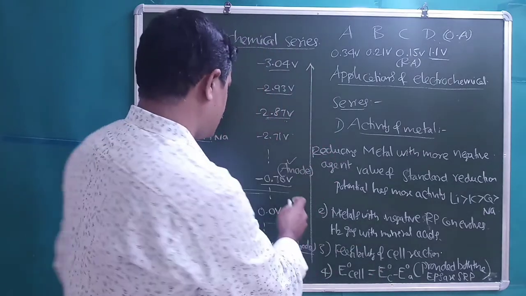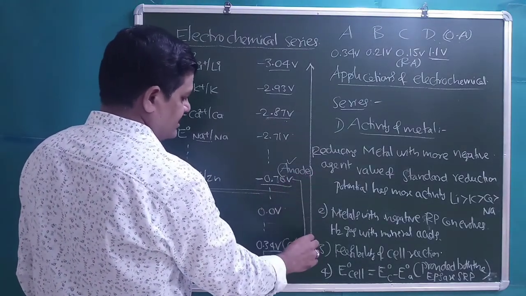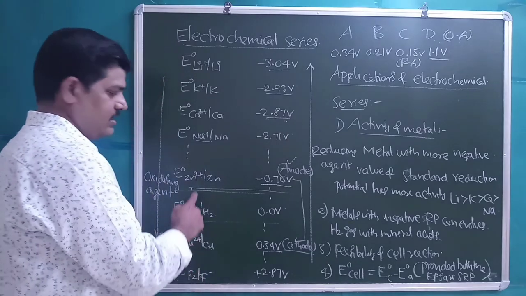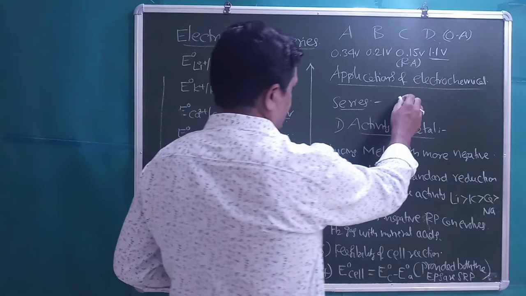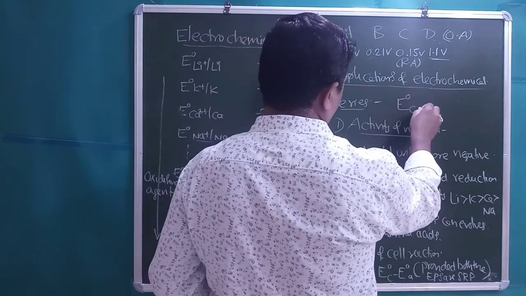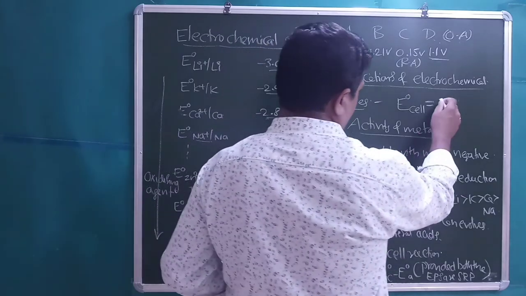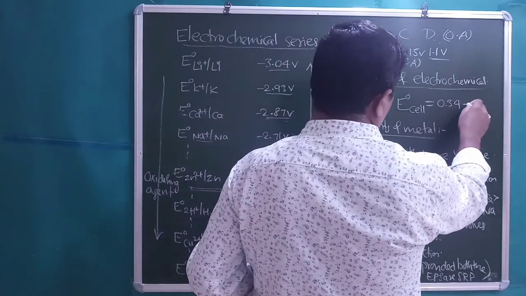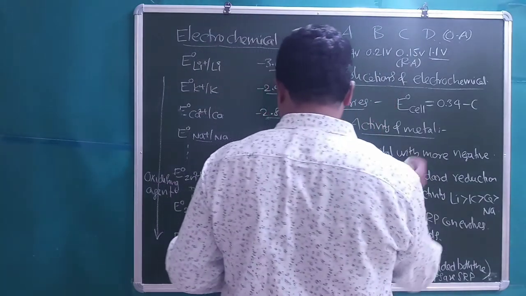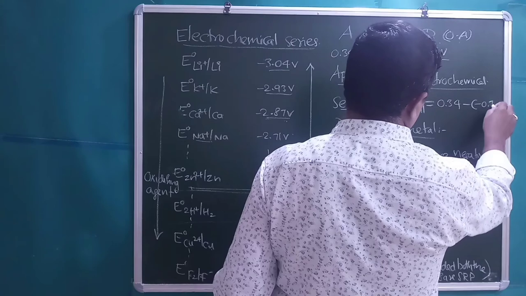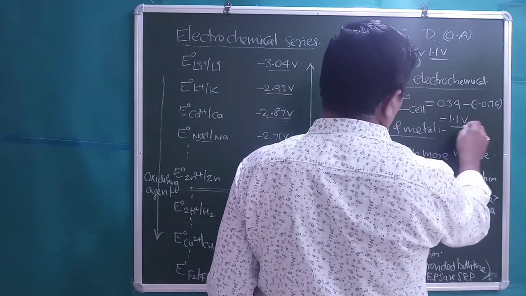If the cell is constructed using zinc and copper, we can use a formula to calculate the E naught cell. E naught cell is equal to, students, here copper will act like a cathode, so directly we put 0.34 minus, because the formula is E naught cathode minus E naught anode, minus of minus 0.76, which is equal to 1.1 volts we will get.